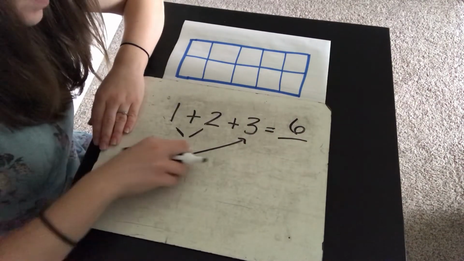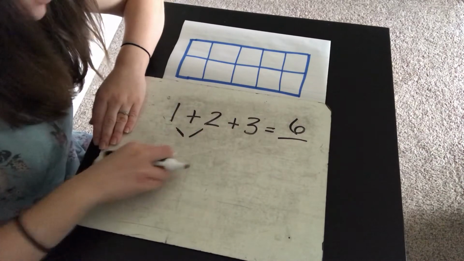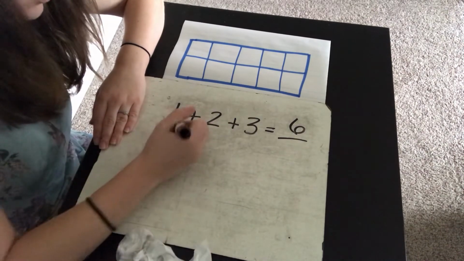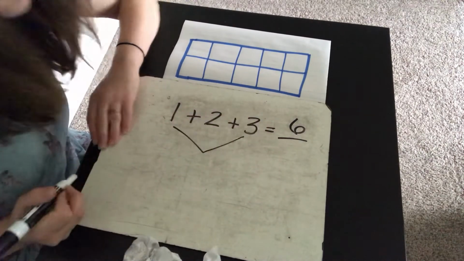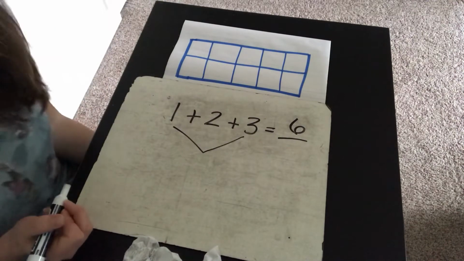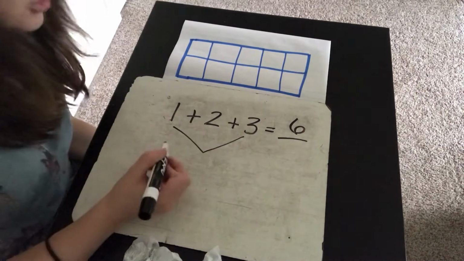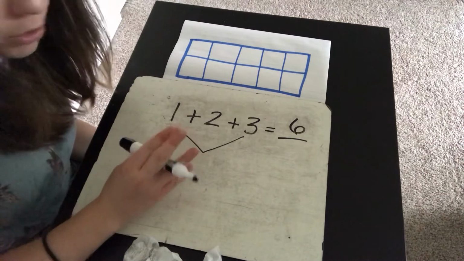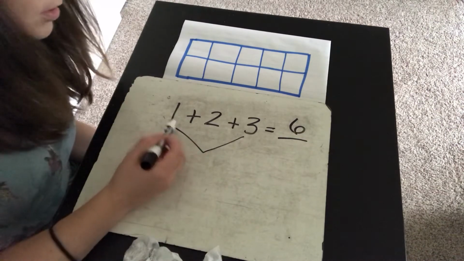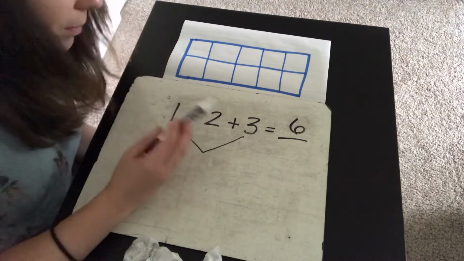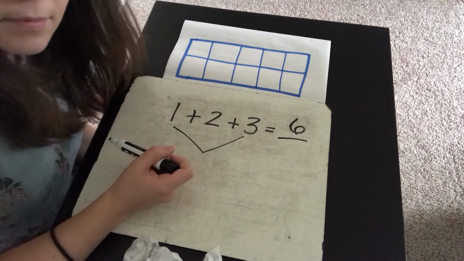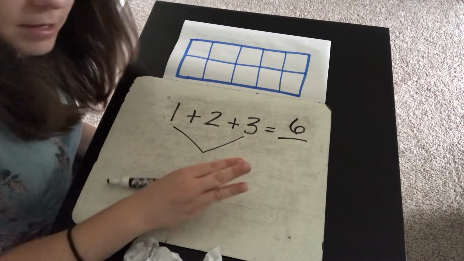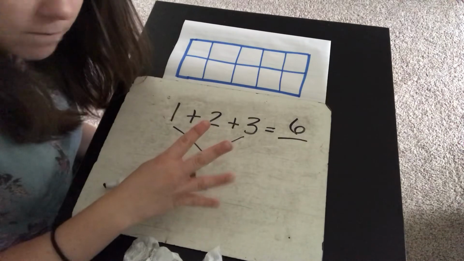And I like to cover it up with my hand so that I don't get too confused. That's why I've been showing you only a little bit at a time. Okay, let's try it a different way and see if we get the same answer. Let's do 3 plus 1 first. Because like I said, it doesn't matter which add-ins you add together first, you should end up with the same answer. So what is 3 plus 1, or 1 plus 3? 3 plus 1, 3. 1 more is 4.